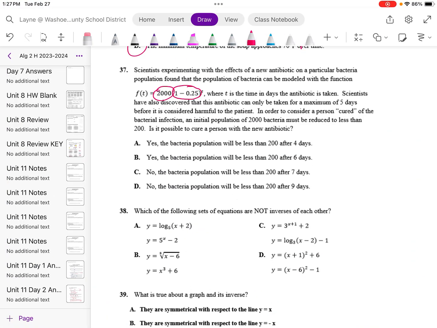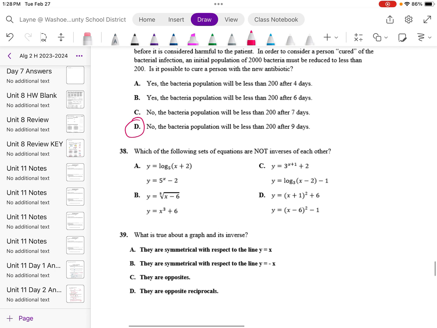So since it takes over 8 days to get to 200, it won't be less than 200 until 9 days. So our correct answer is D, that no, we can't use that medication because it takes too long for it to actually cure the virus or whatever it is, the bacteria.